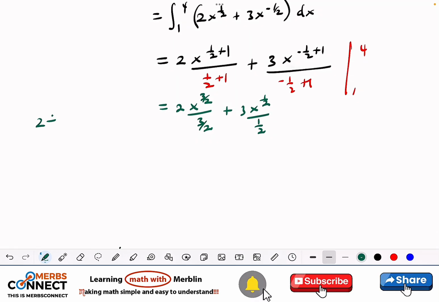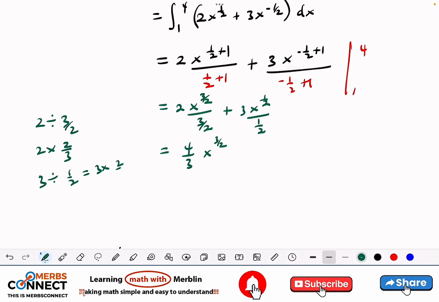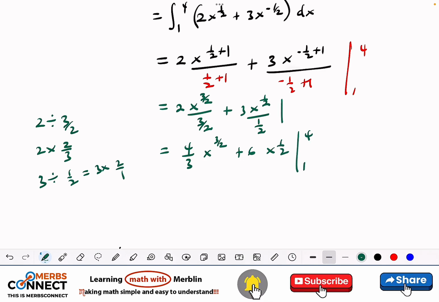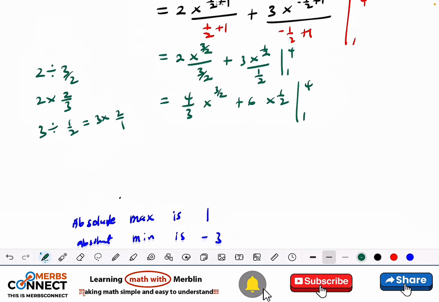So 2 divided by 3 on 2 is the same as 2 times 2 over 3, which gives us 4 over 3 x to the power 3 on 2. Then 3 divided by 1 over 2 is the same as 3 times 2, which gives us plus 6 x to the power half. This is from 1 to 4.